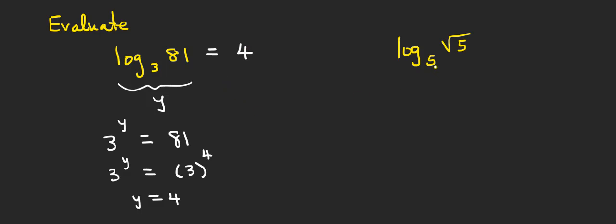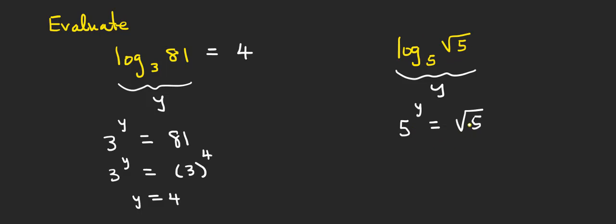Okay, what about log base 5 of square root of 5? Again, let's say that this whole thing is y. So we're going to say, what is the base? Base is 5 here. So 5 to the power of y is going to equal radical 5. I just changed the logarithmic to exponential.